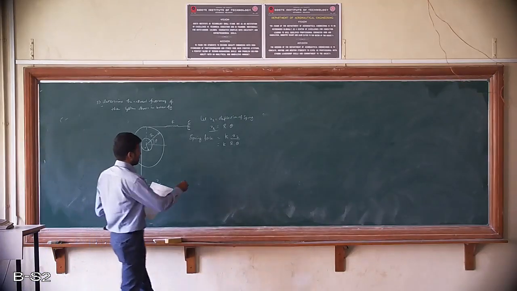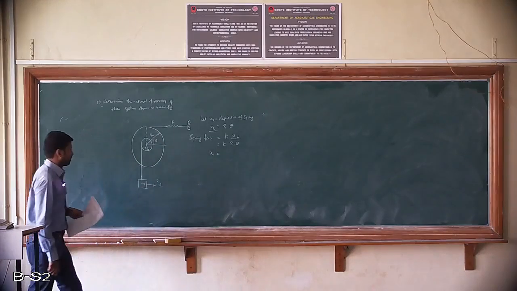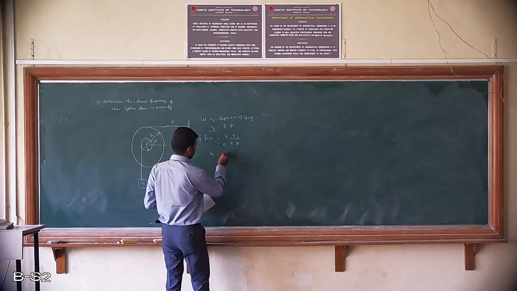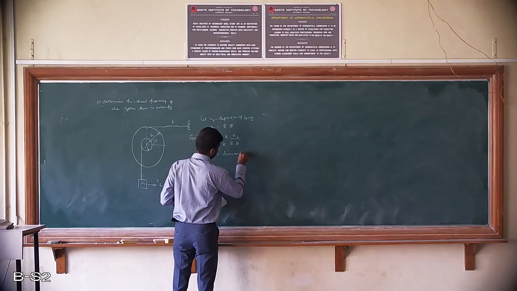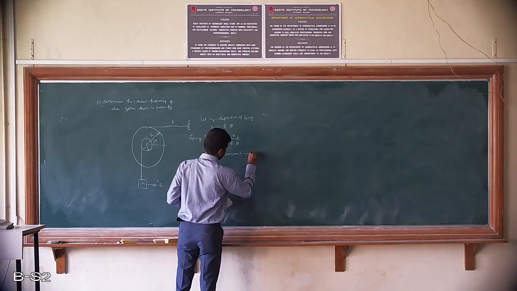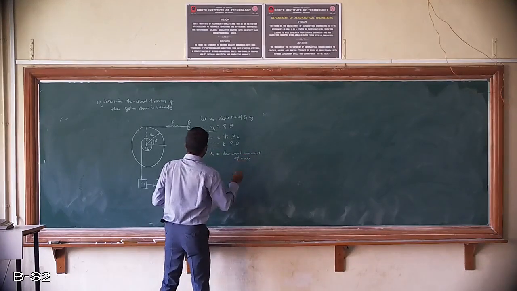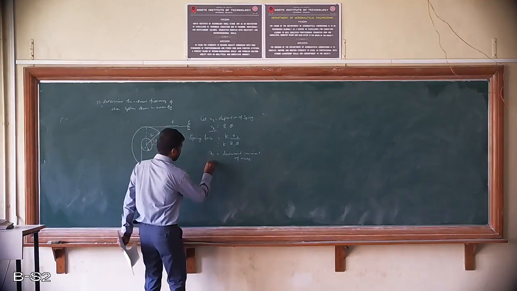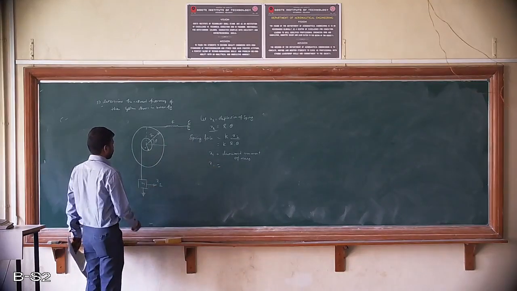And what is x1? x1 is the downward movement of the mass. How much is it going to move?